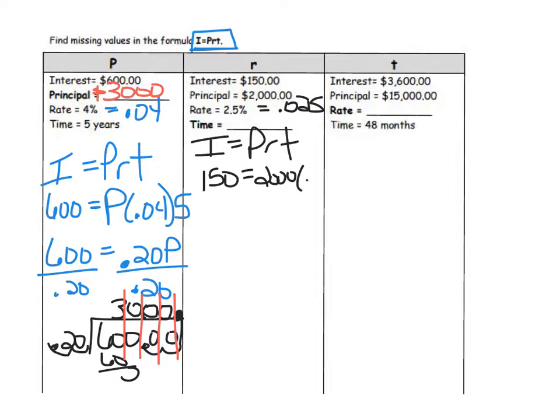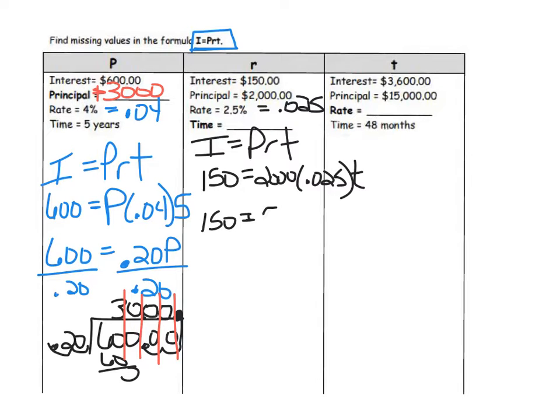So you're multiplying that 0.025. And then the time is, we don't know, right? So let's go ahead and multiply 2,000 times 0.025. Well, what's 25 times 2?